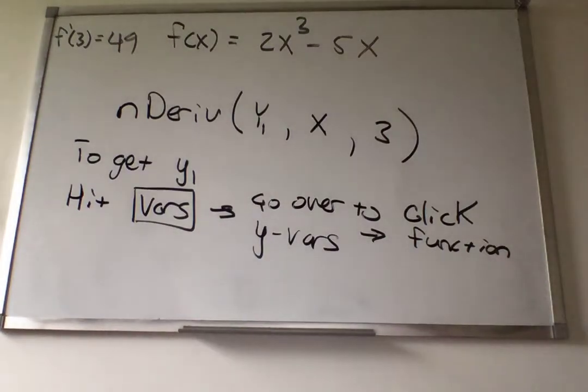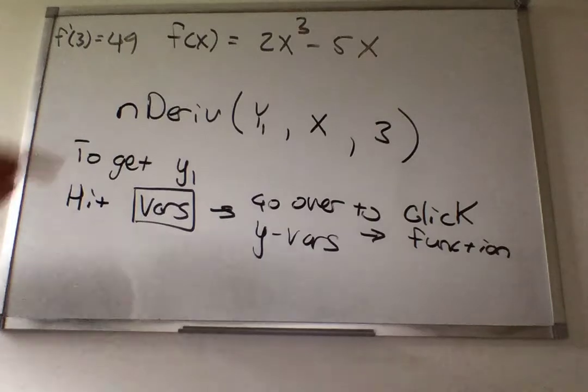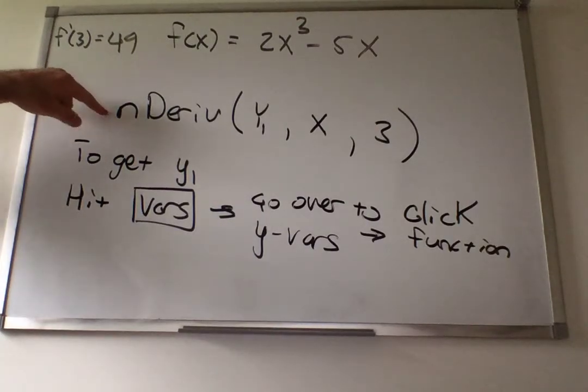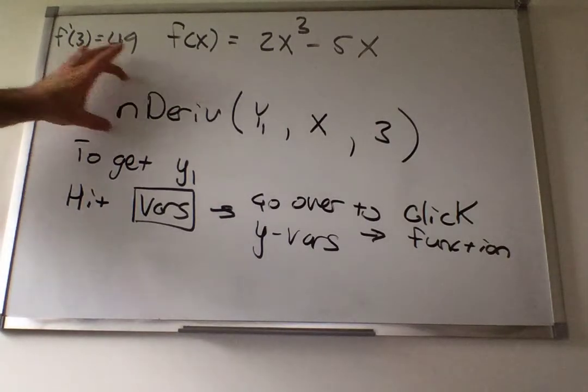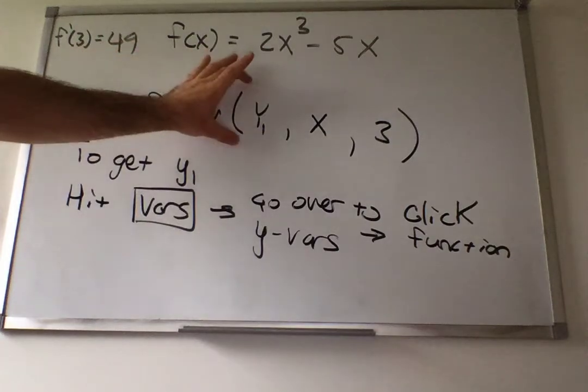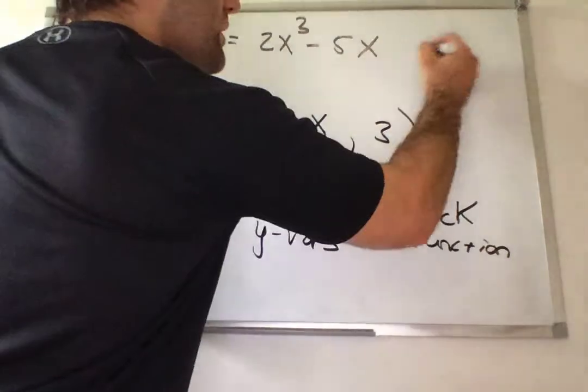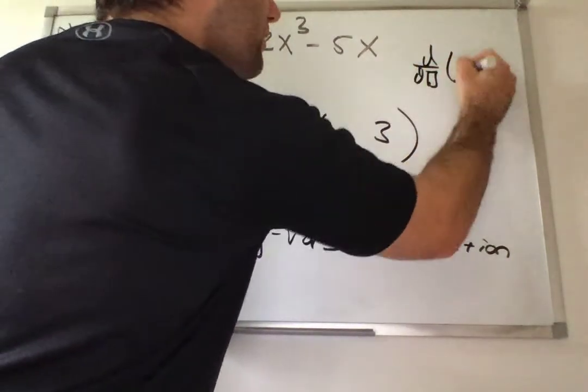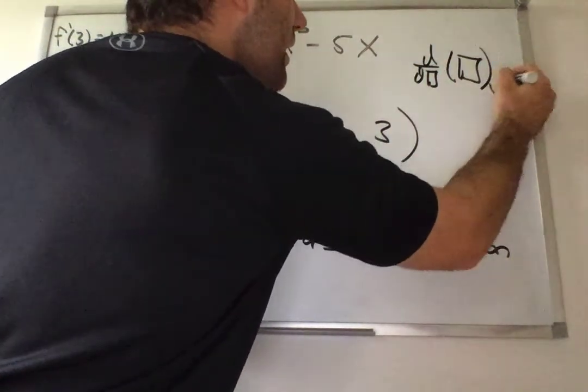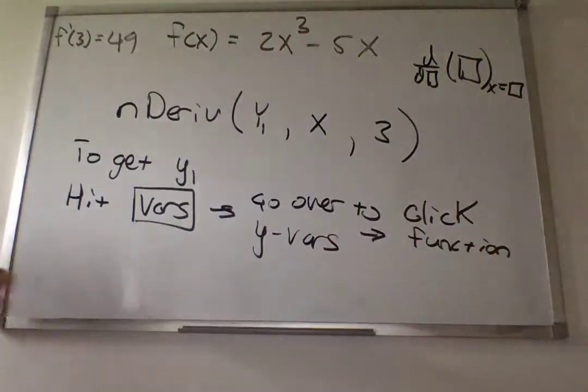So if you are using your calculator and the numerical derivative function appears on your calculator like this, and it does not show it like this, d by d box, parenthesis, x is equal to box, okay?